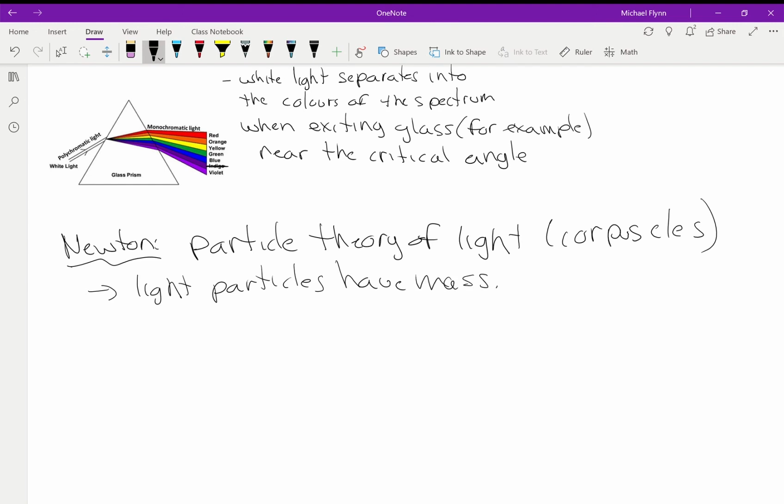In fact, one of the things that he proposed was that if you were a red particle of light, you would have more mass than a blue particle of light. So he thought that colors represented particles of different mass.